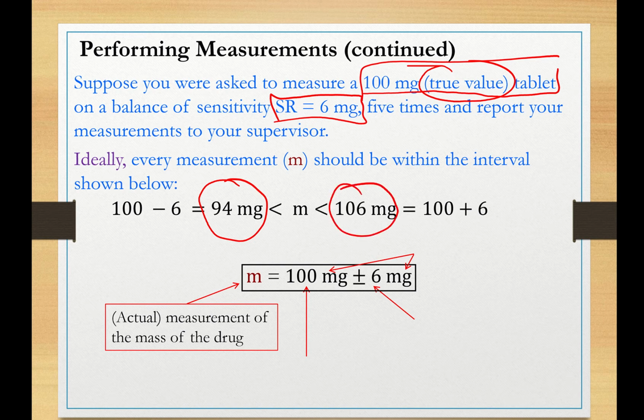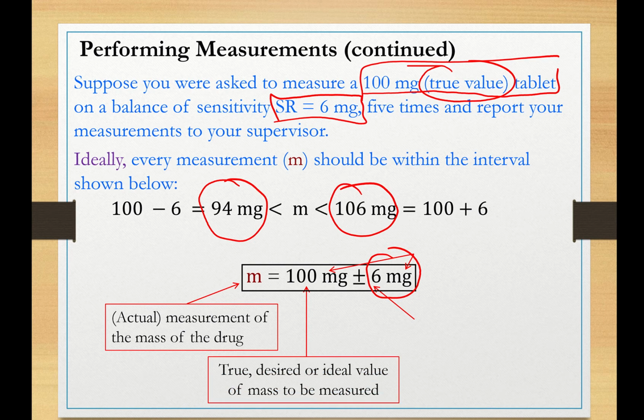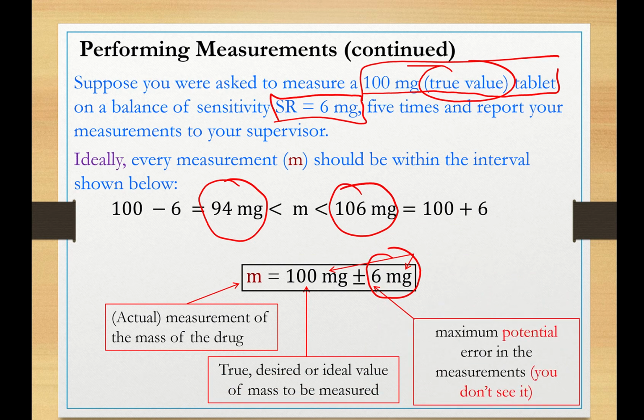It should be plus or minus the sensitivity requirement. So the actual measurement of the drug is basically the true value of the tablet plus or minus the SR of the balance. The SR of the balance is the maximum potential error.